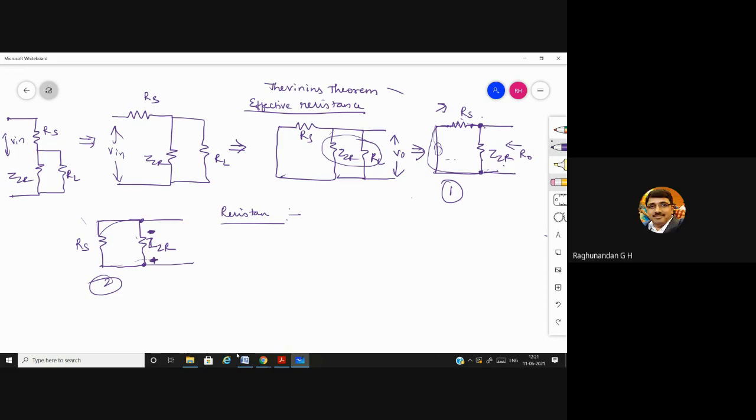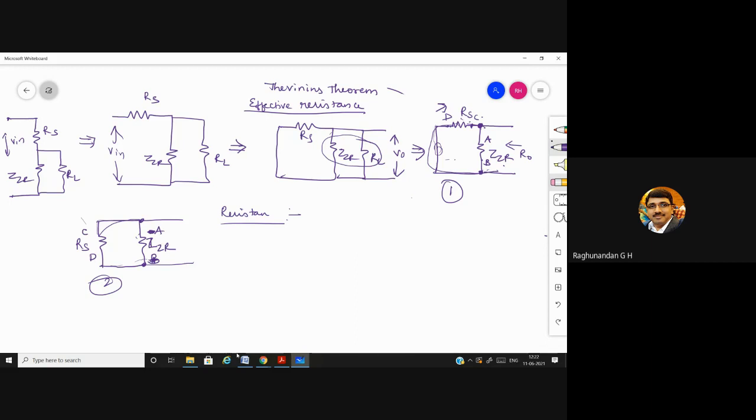So at this point, I'll mark A, B, C, D. A is connected to C through this node. Here also I'll mark C, D, A, B. See, A is connected to C through this point.